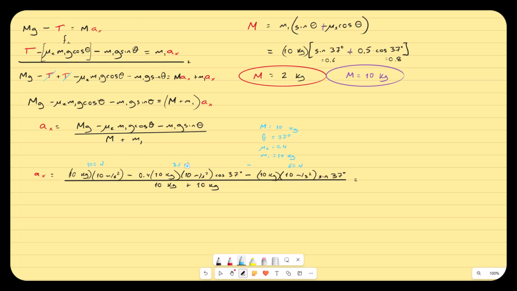So 100 minus 32 minus 60, 100 minus 92, that's 8 newtons left on top, divided by 20 kilograms. 8 over 2 would be 4, so 8 over 20 is 0.4. 0.4 meters per second squared is going to be my acceleration.